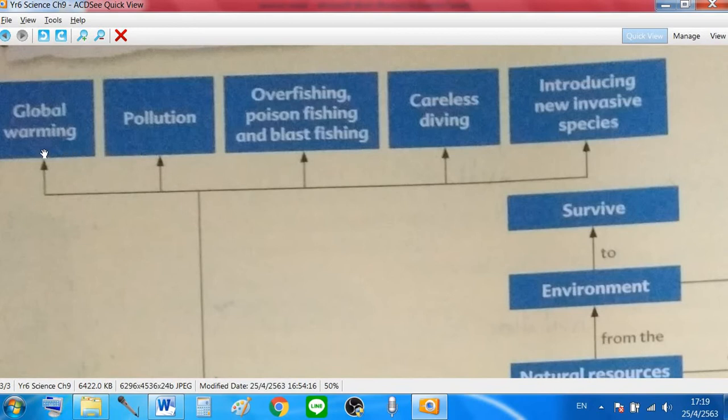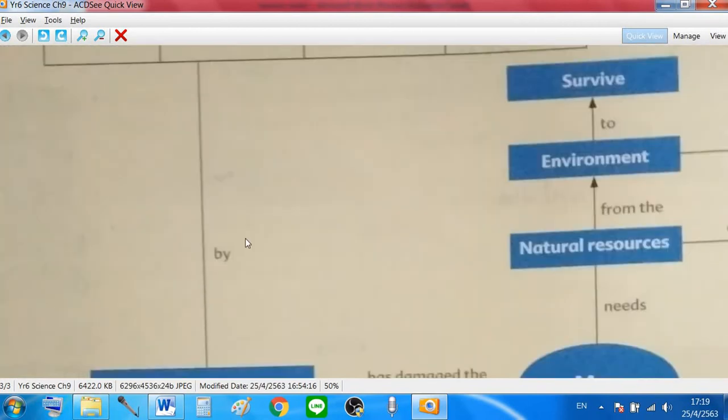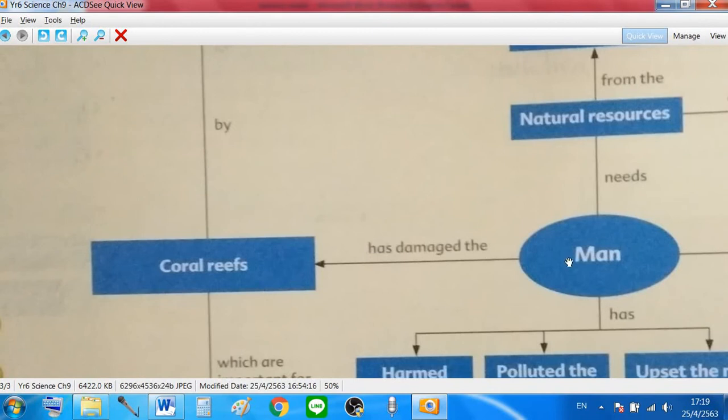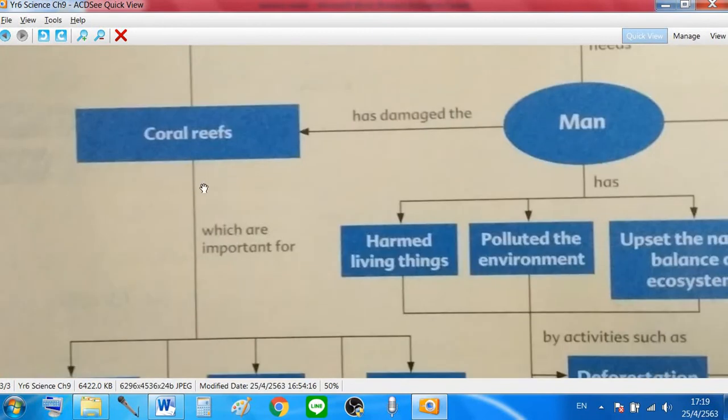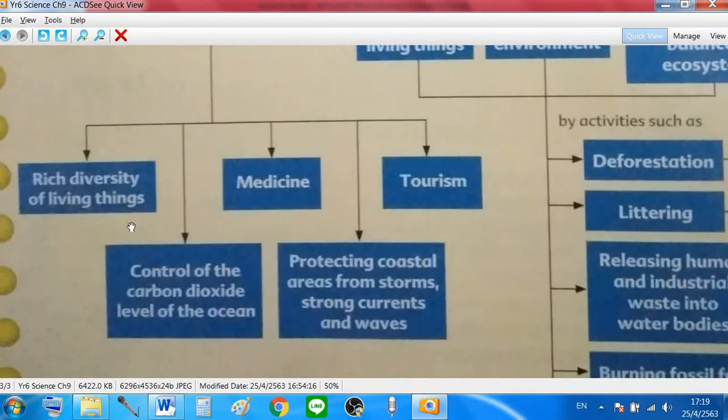So these points about how man has damaged coral reefs: global warming, pollution, overfishing, poison fishing, and blast fishing, careless diving, and introducing new invasive species. So we see man has damaged the coral reefs, and coral reefs are important for these reasons.